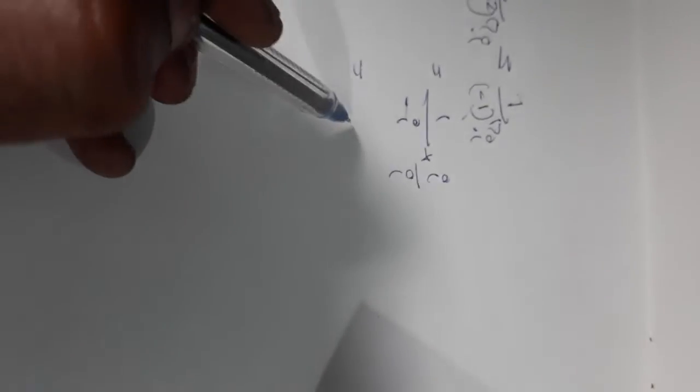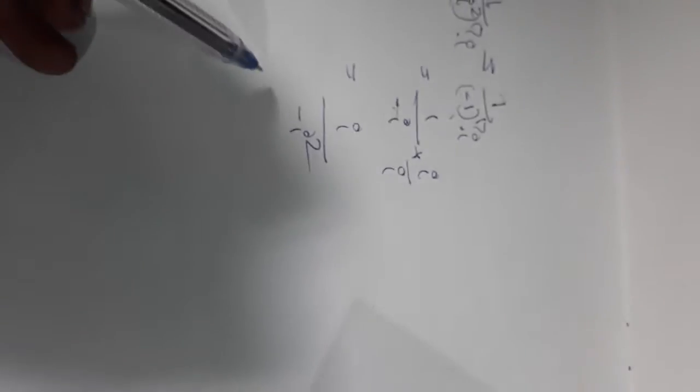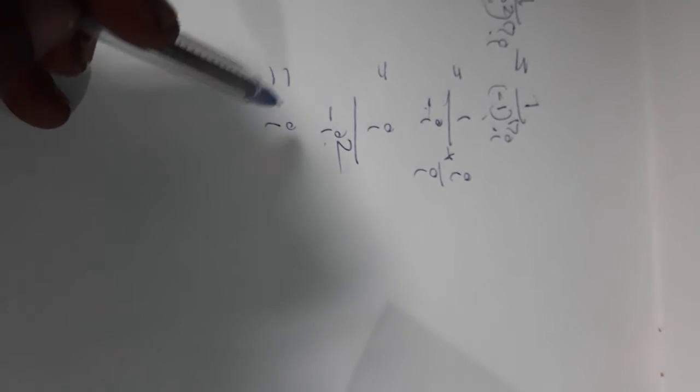So into i divided by i, so that is i divided by minus i squared. i squared is minus 1, so i divided by minus of minus 1. So that is equal to i.